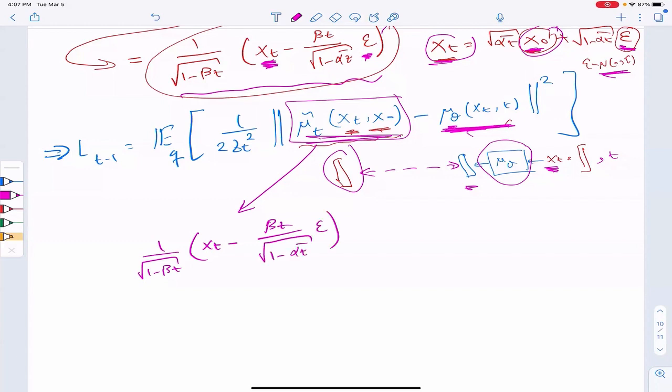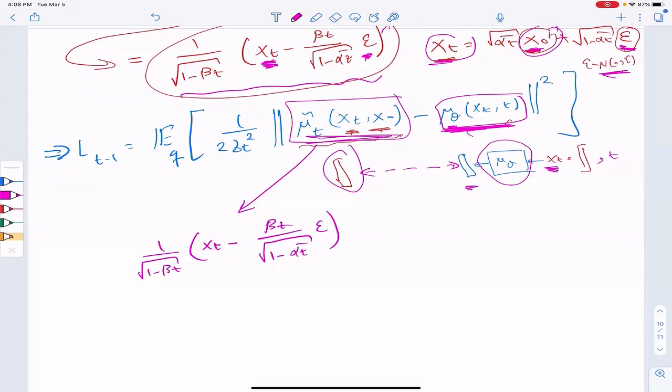That's basically the form. But what about mu theta? Mu theta is a network that takes as input xt and t and outputs another vector.